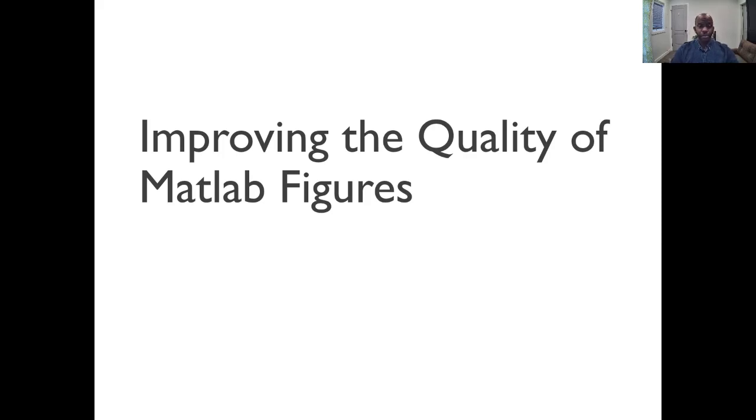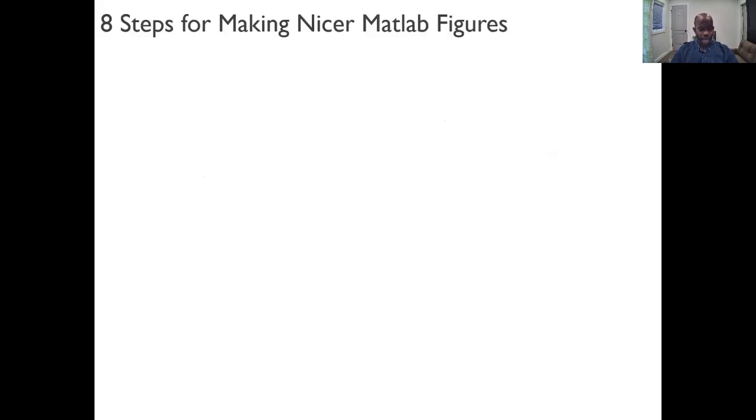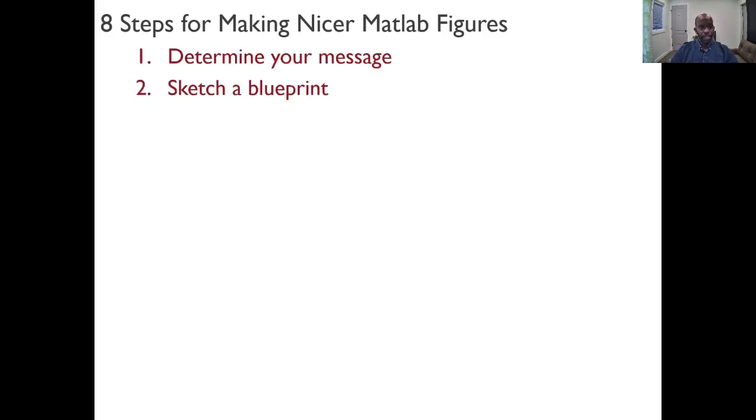Now we want to take some time to think about how we can improve the quality of figures, particularly in MATLAB. We're going to do that by relying on an 8-step process. In this case, we want to determine our message, figure out what we're trying to communicate, and then sketch a blueprint of that figure.